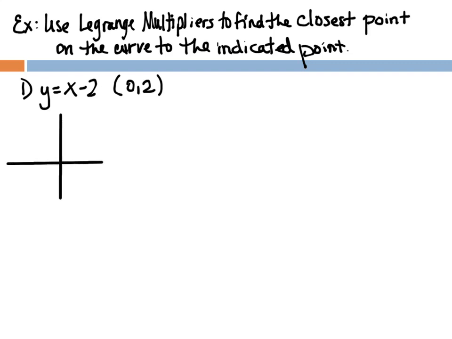So we've got an equation, y = x minus 2, which would be a diagonal line with a slope of 1, crossing at negative 2. So something like this. And we've got the point that we are being given, which is (0, 2) up here. So we're trying to figure out what point on this line is the closest to this point right here.